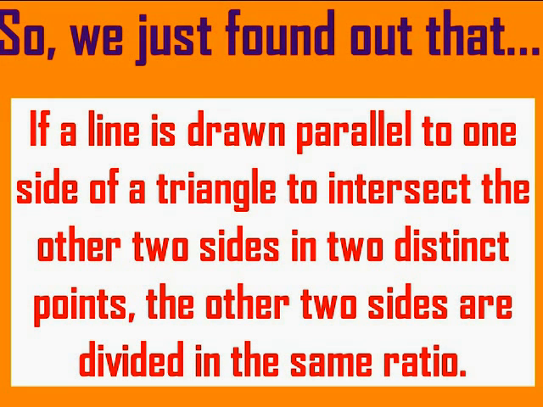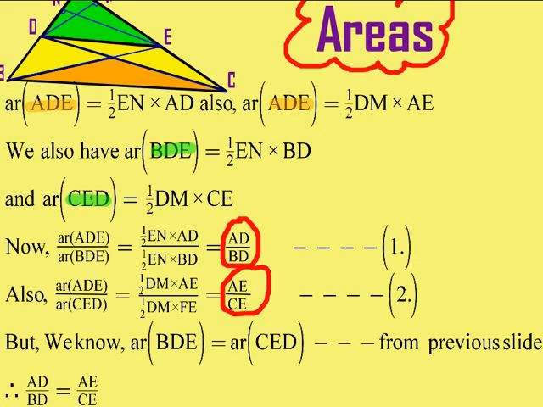Which is nothing but the condition which Thales proved: if a line is drawn parallel to one side of a triangle to intersect the other two sides in two distinct points, the other two sides are divided in the same ratio. Let's see in the figure. If a line, which is DE here, is drawn parallel to one side of the triangle at two distinct points, then the two sides are divided in the same ratio, that is AD upon DB is equal to AE upon EC.